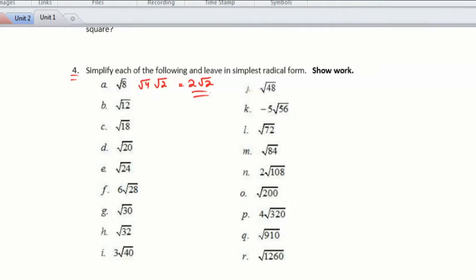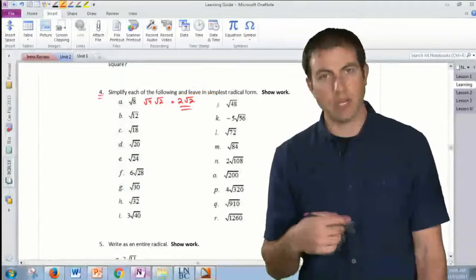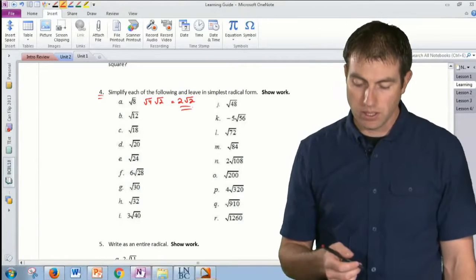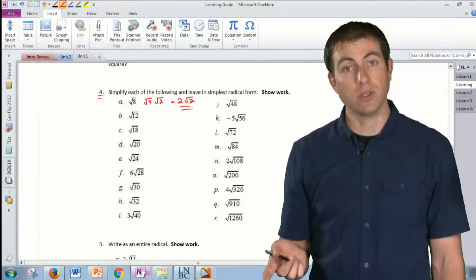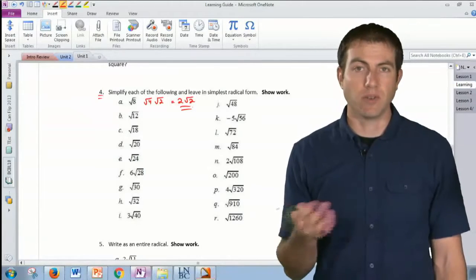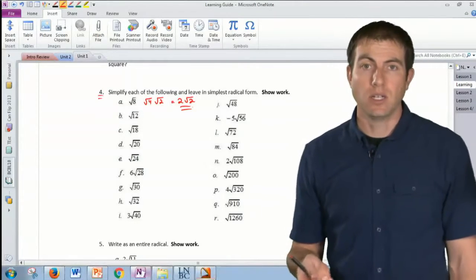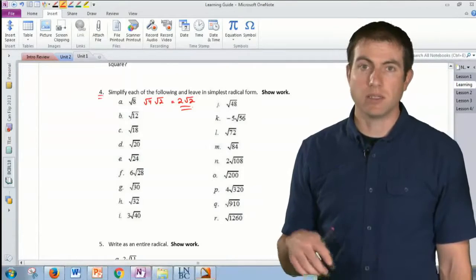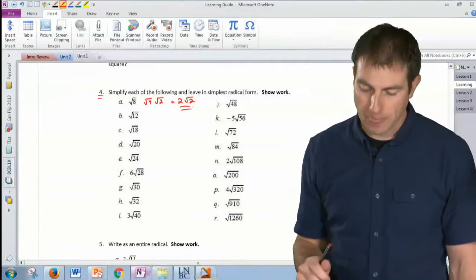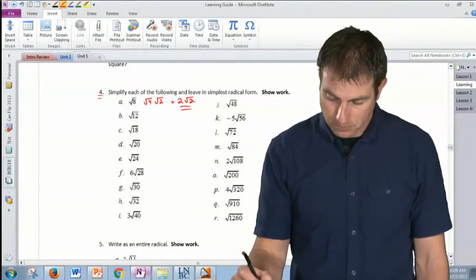So if you went onto your calculator right now and plugged in the square root of 8, you get a decimal approximation, and then you plugged in 2 times the square root of 2, you should get the same thing. They're both the same thing, just written in different ways. Kind of like the fraction 1 over 2 is the same as 4 over 8. I can write that fraction more than one way, but I always end up with the same answer.